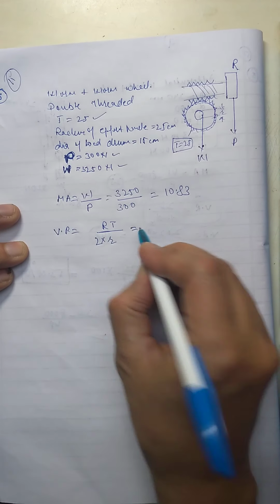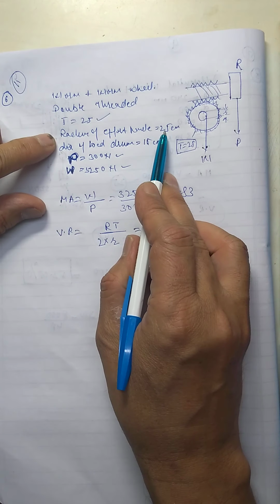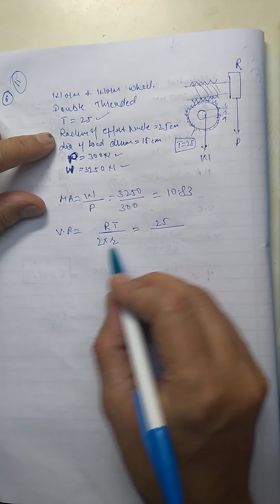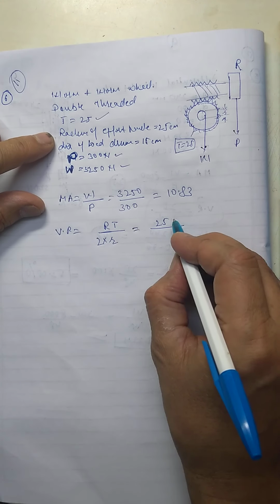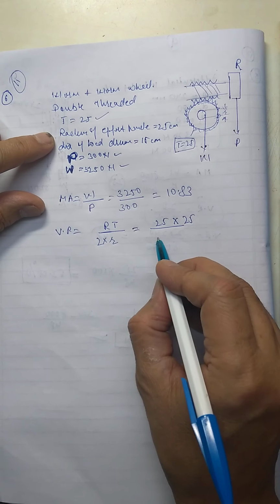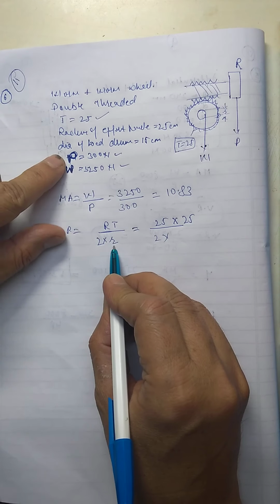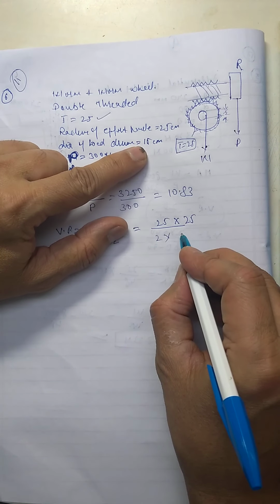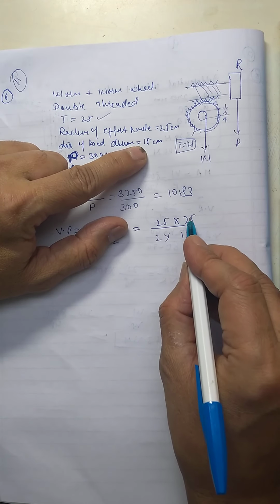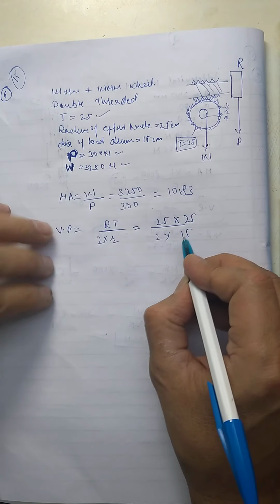So now putting the values: the radius of the effort drum is 25, and into T, the number of teeth, is 25, and this is 2, and this is the radius of the load drum, but the diameter is given as 15. So either you have to take the diameter of both the effort drum and load drum, or you can take the radius of both.